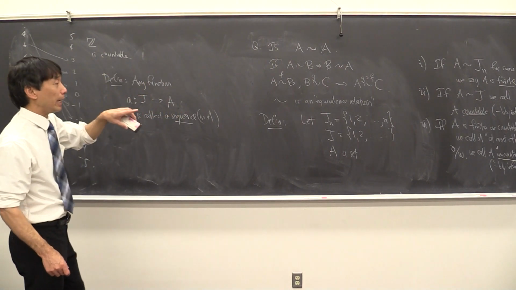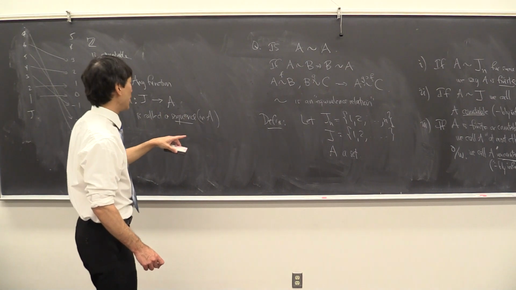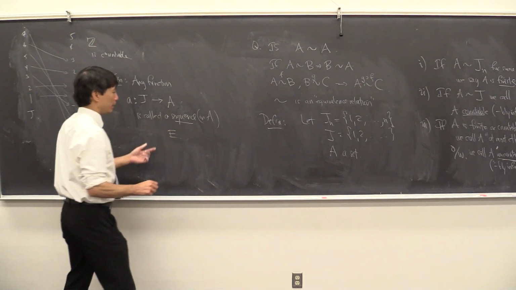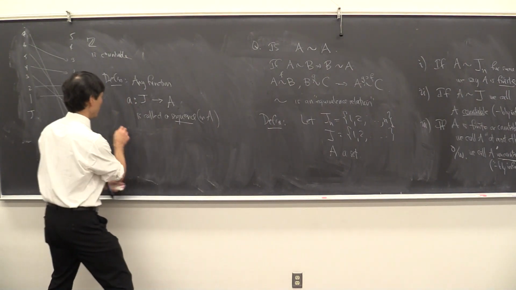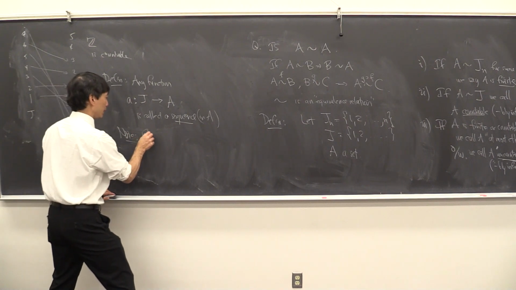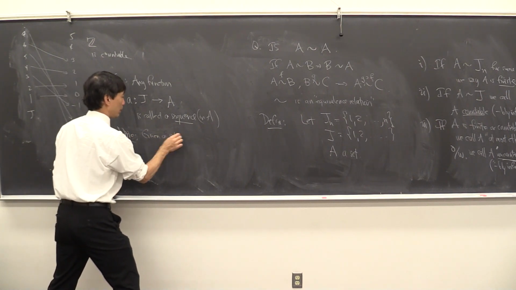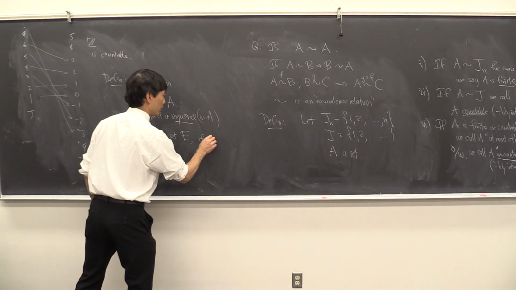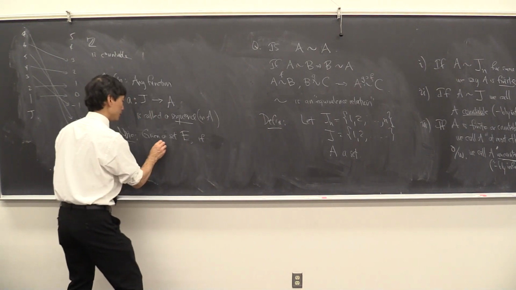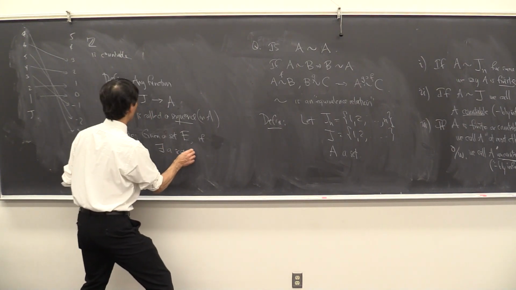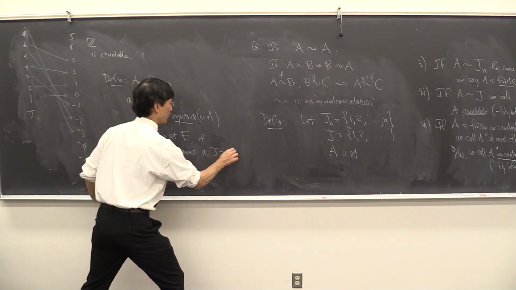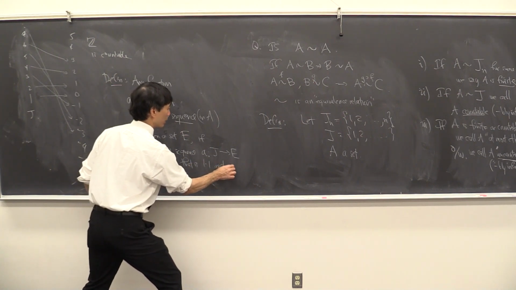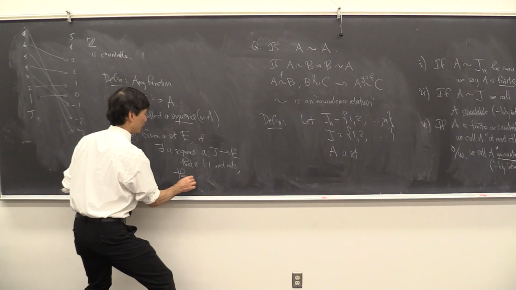But what you note is that given a set E, if there exists a sequence A from J to E that is 1 to 1 and onto, then E is countable.